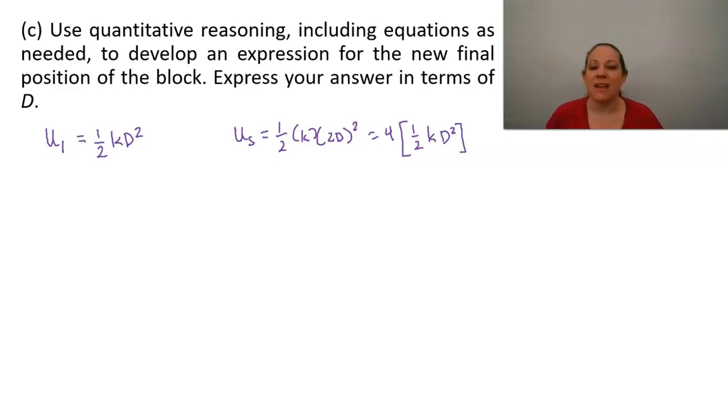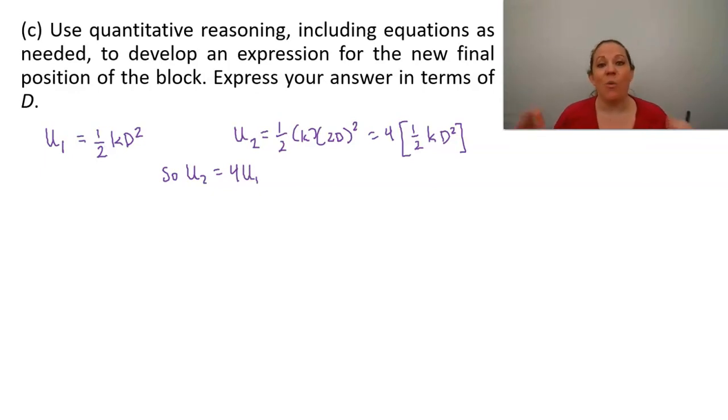So we can say then, that should actually say U2, not U_s. Let me fix that. So we can say then that U2 is equal to 4 times U1.